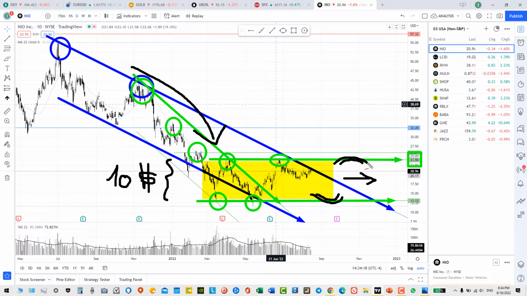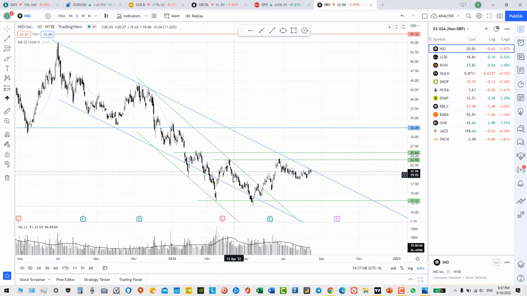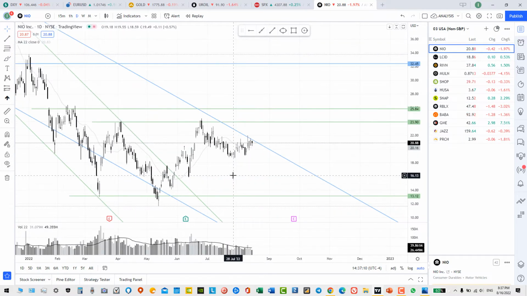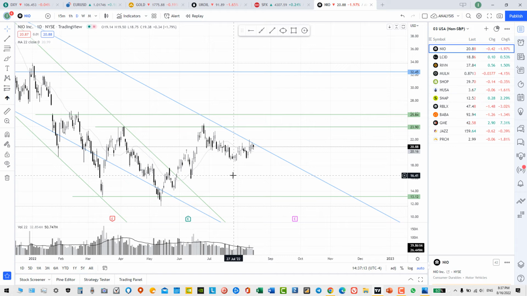It's okay to think this way, it's normal, but the question is, can NIO get positive over the medium term? There are a lot of requirements for this. First of all, we should zoom in to see the requirements that should be met in order for NIO to be positive over the major and the medium term.